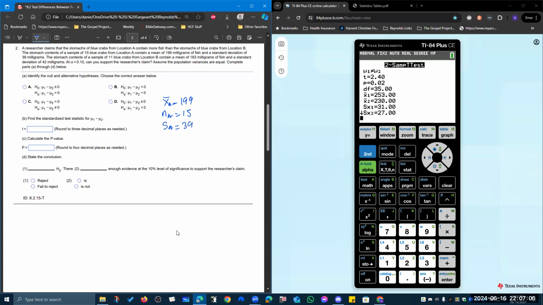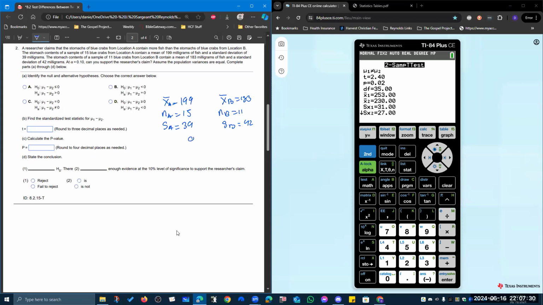The stomach contents of a sample of 11 blue crabs from location B contain a mean value of 183 milligrams of fish and a standard deviation of 42 milligrams.